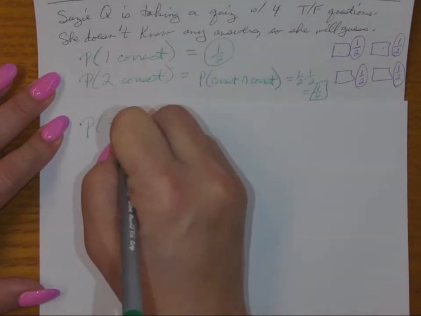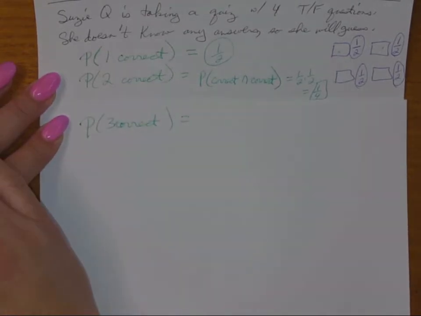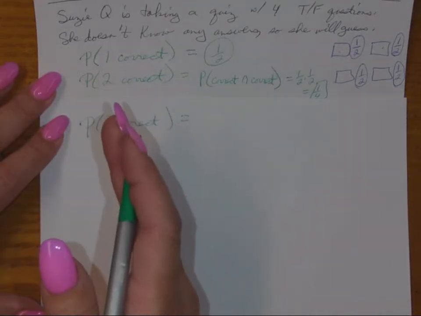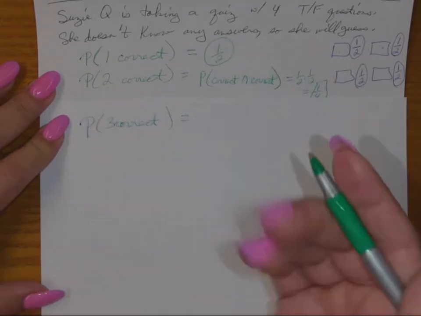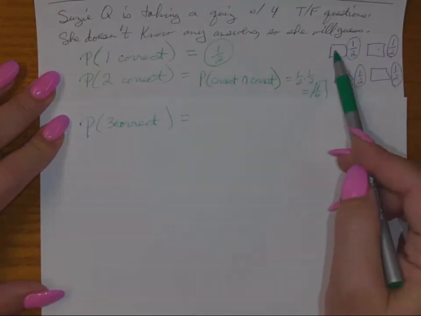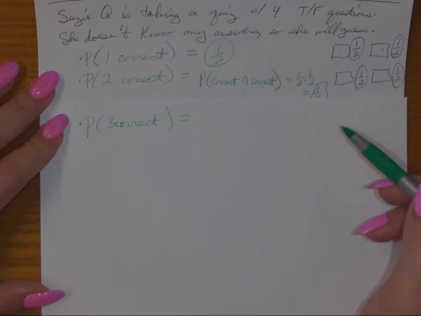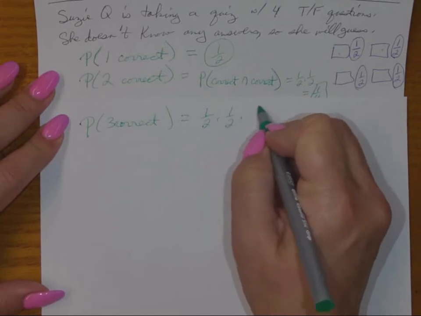All right, how about this one? Probability that you'll get 3 correct. Well, that's the probability of a correct and a correct and a correct. Number 1 has to be correct, or one of these, it doesn't matter which one. One of these has to be correct, and another one has to be correct, and another one has to be correct. So those are 3 multiplied together. That's 1/2 times 1/2 times 1/2.